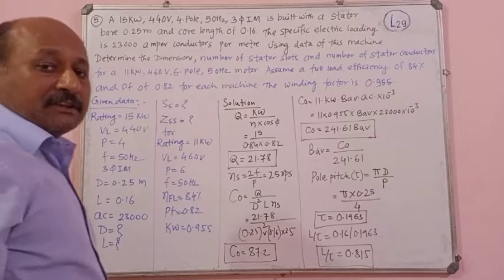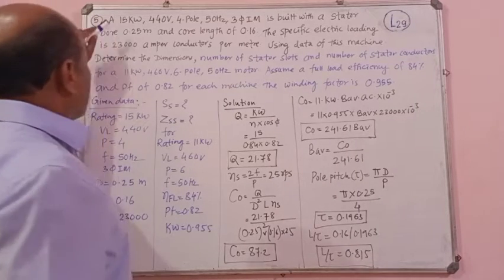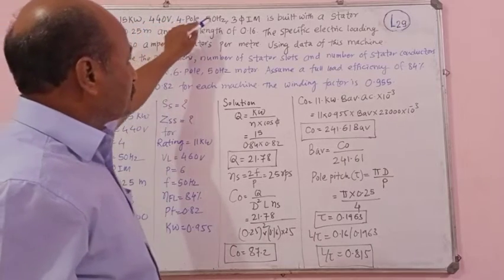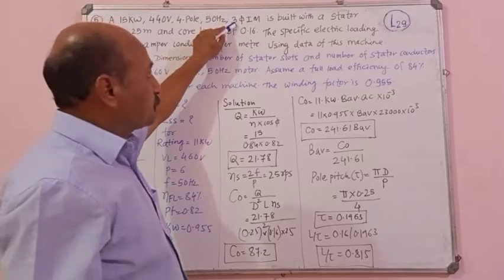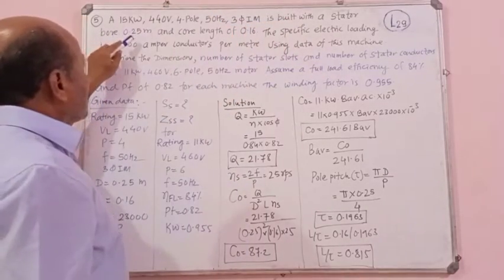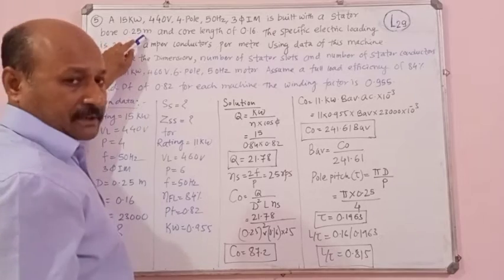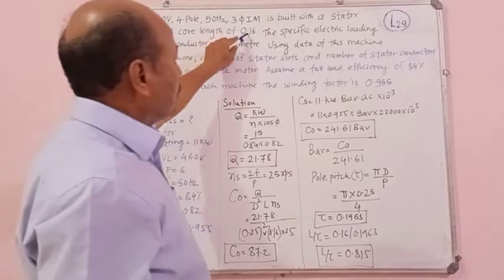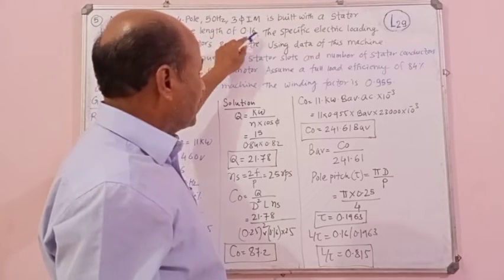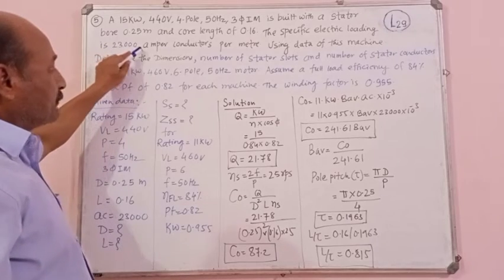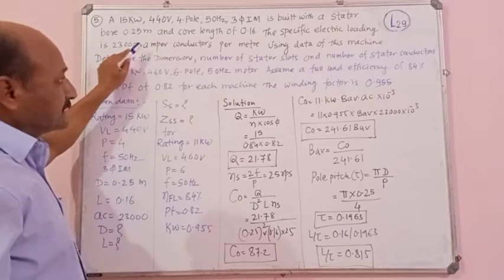See the last numerical on unit number 4. A 15 kilowatt, 440 volt, 4 pole, 50 Hz, 3 phase induction motor is built with a stator bore of 0.25 meter, that is capital D, and core length of 0.16, that is capital L. The specific electric loading is 23,000 ampere conductors per meter, that is AC.